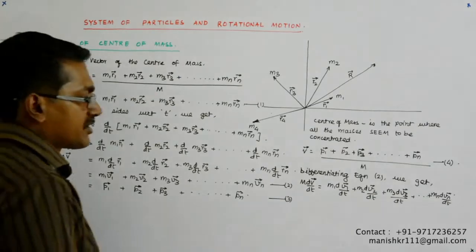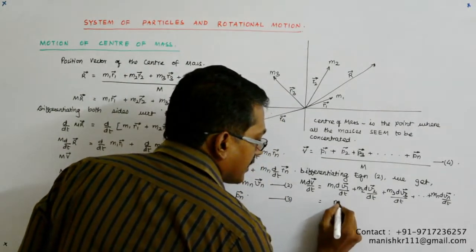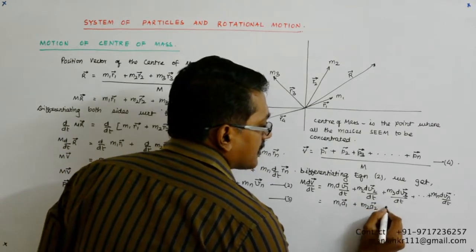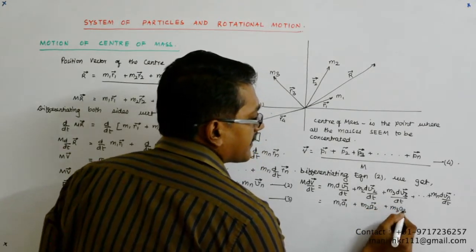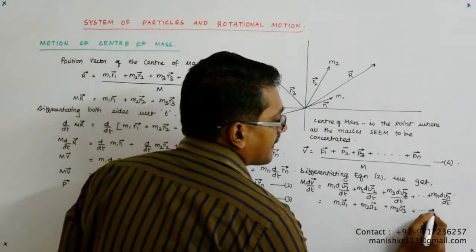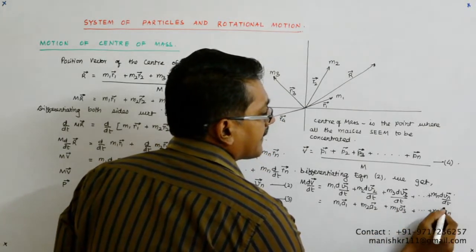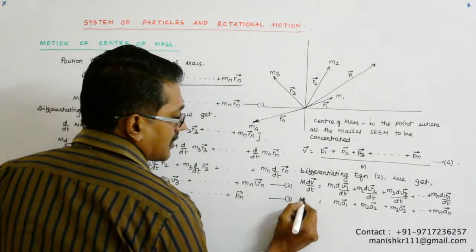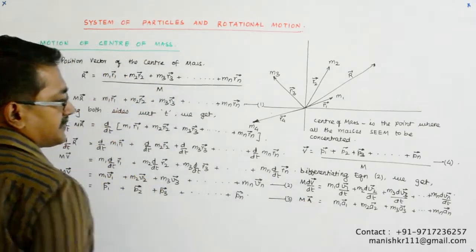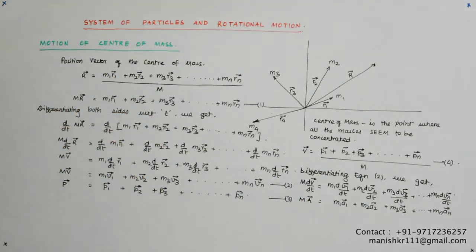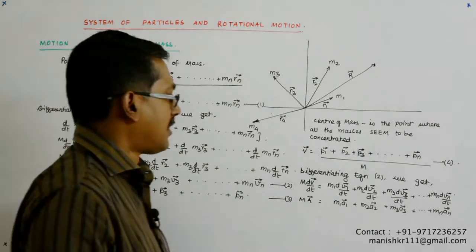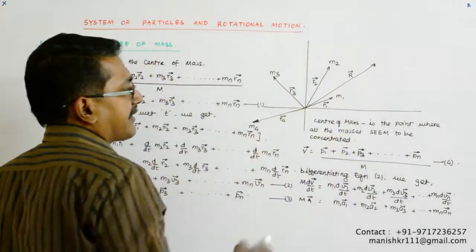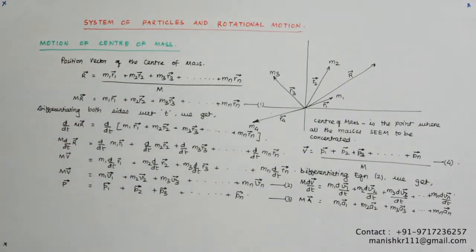Now dv1 by dt is a1, and this is a2, and this is a3, and this is an, and this is a. Now this single particle placed here is accelerating, okay, fine.